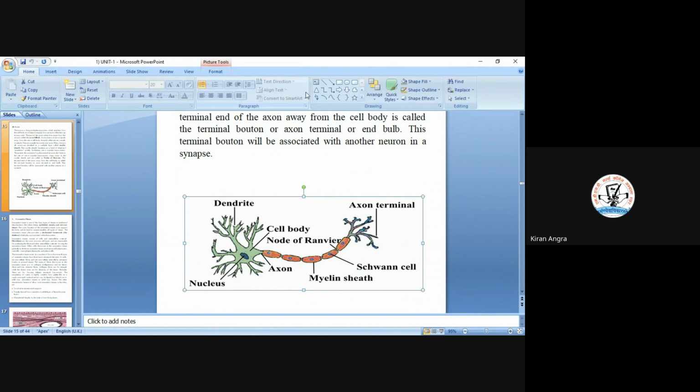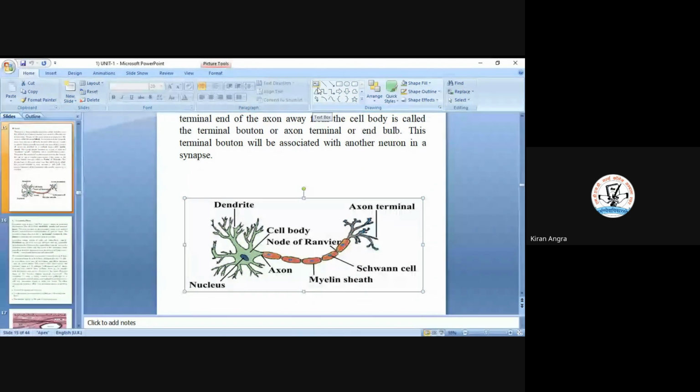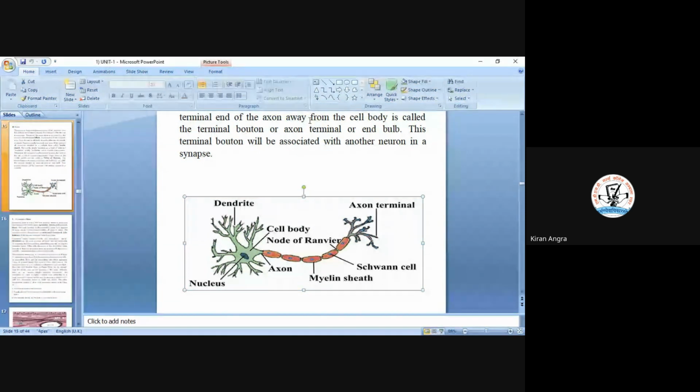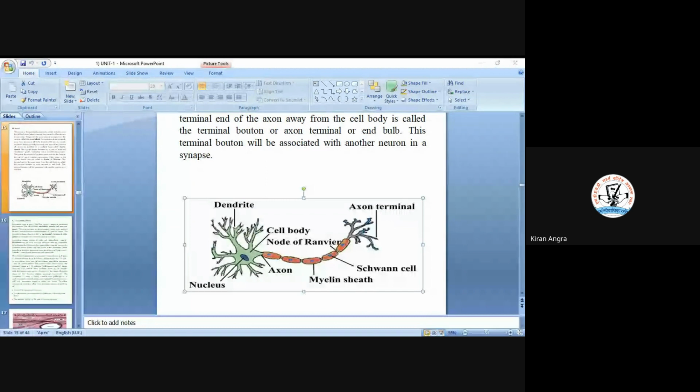So what is the use of these? They are the receptor area of the neuron, and so they receive the information which they want to transmit into another neuron. Thus dendrites transmit information towards the nerve cell body, and there is no sheath around them.